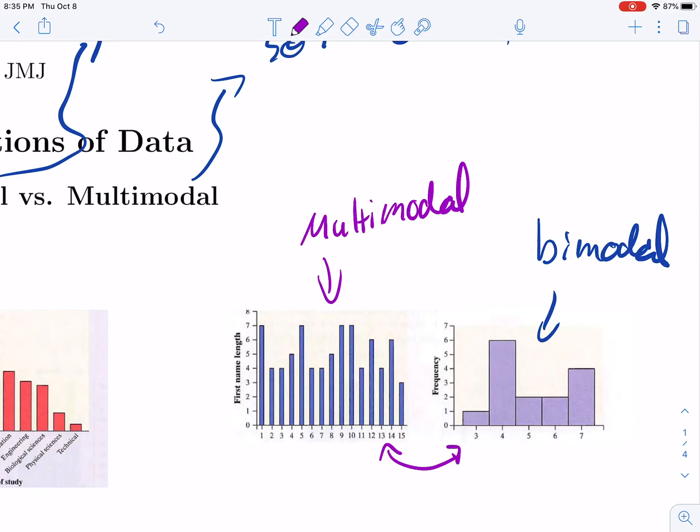This goes from 1 to about 2.5. And this goes from 3.5 to 4.5, and so on.